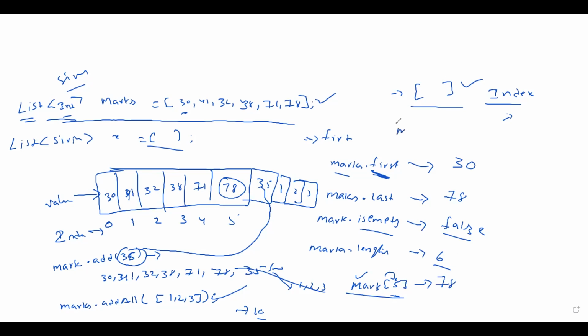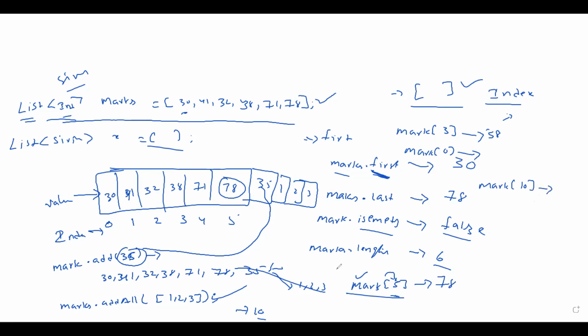For example, marks of 3. What output will come? 38. Marks of 0? 30. Marks of 10, what output will come?